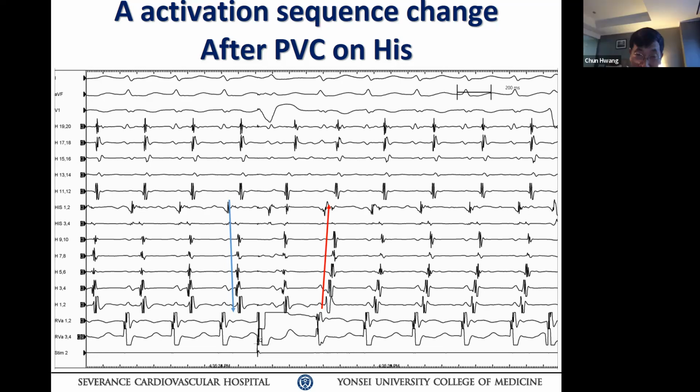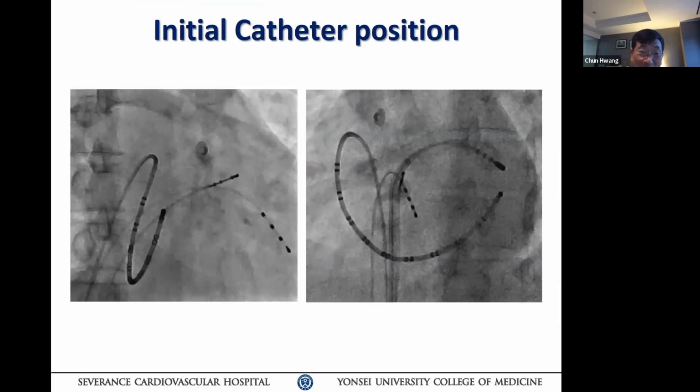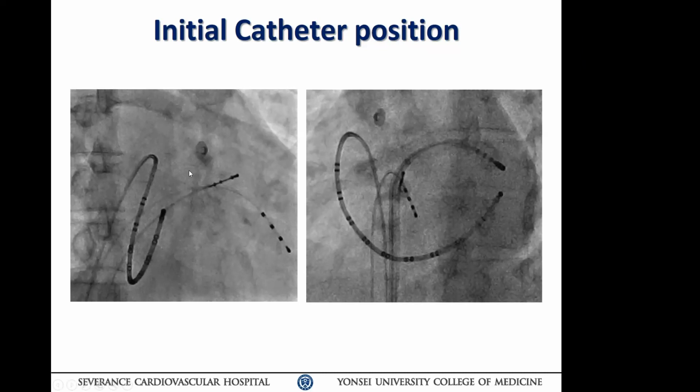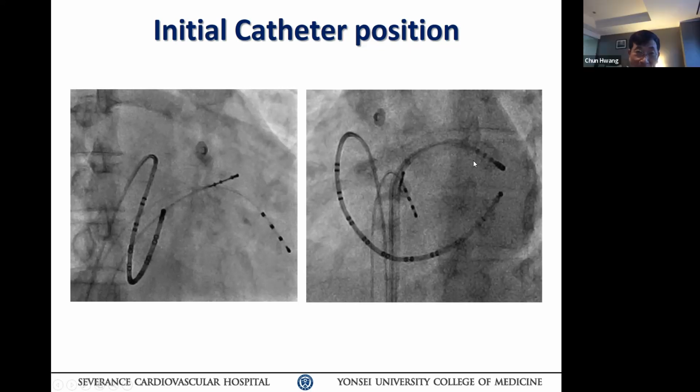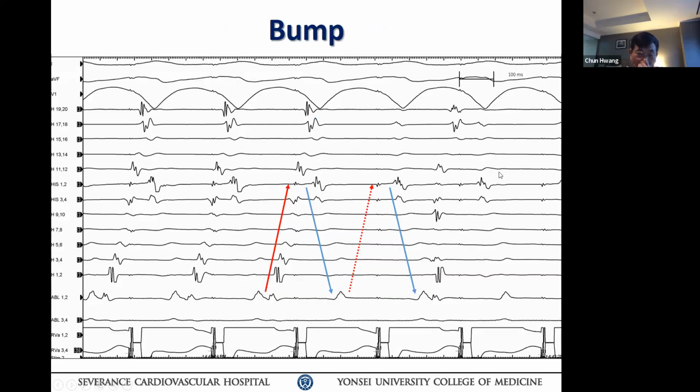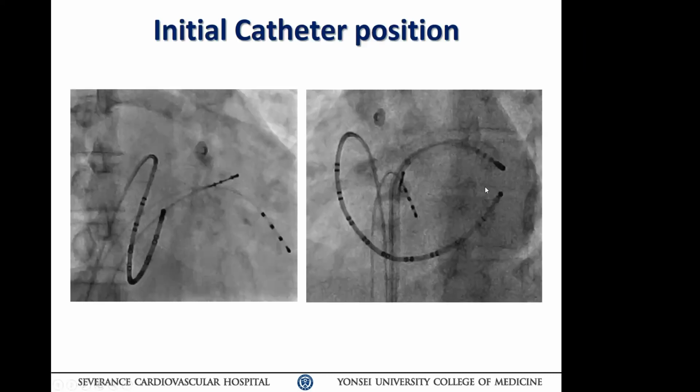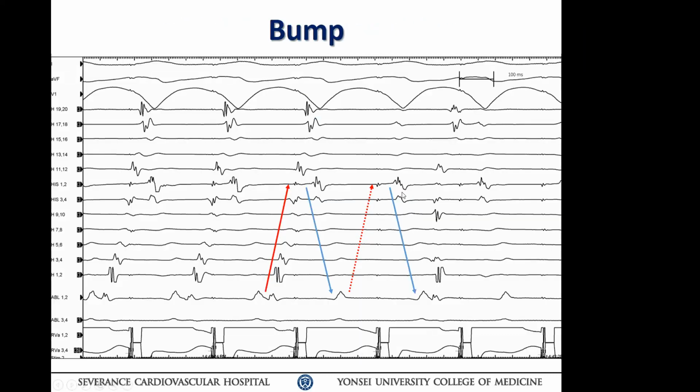Okay, go ahead. So after the conclusion, this is the initial catheter position. We go first to the left lateral. And also this is our mapping catheter. After placing the catheter at the left lateral, it bumped the left lateral bypass tract, and we cannot induce retrograde activation at the left lateral.